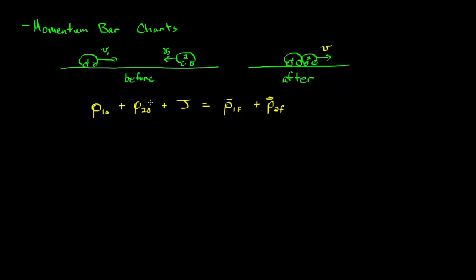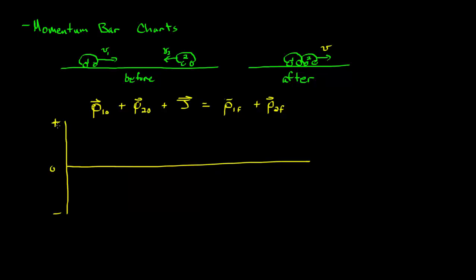Let me put little vectors on these. Okay, so then we just set up a bar chart for each of these, and I'll go all the way across, so these correspond directly below. This is going to be positive, this will be negative, and this is 0. And then we can do a qualitative analysis.